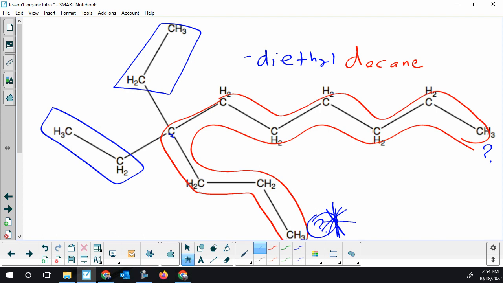Our first carbon, our second carbon, our third carbon, they both come off the 4th. You must put the number twice. 4,4-diethyldecane is kind of, I think, monster is unfair.